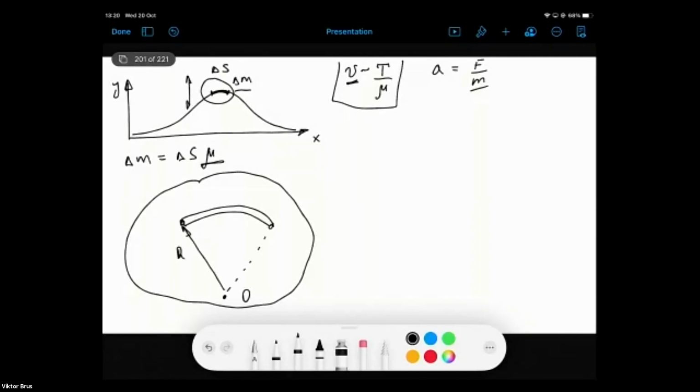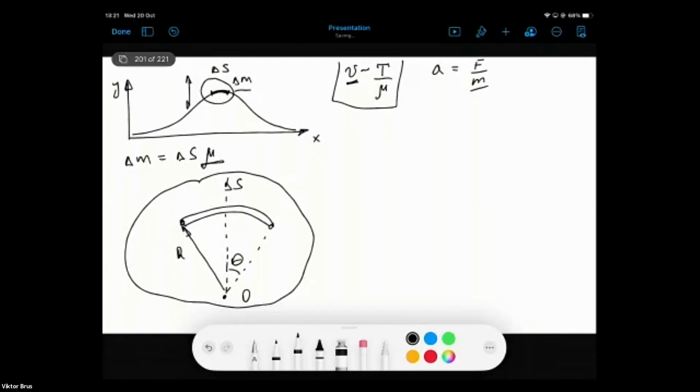The length of this element is delta s. Let us put here a vertical line and define this angle as theta.